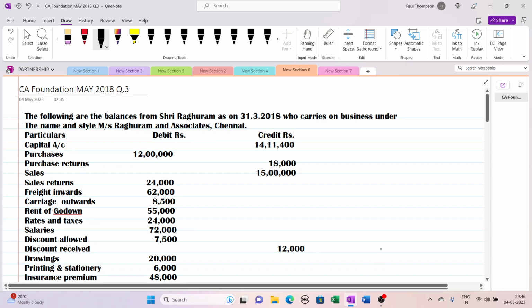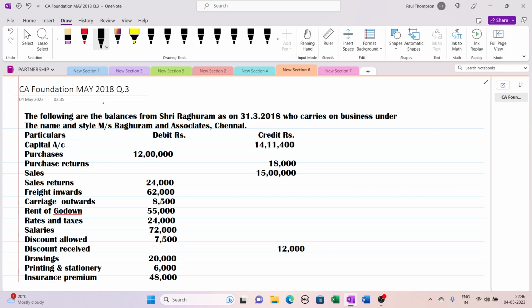This is Geeta. Today we are going to see past year question May 2018, question number 3 of final accounts. Hope you must all be preparing well for your forthcoming examination to be held on June 24th. All the best.